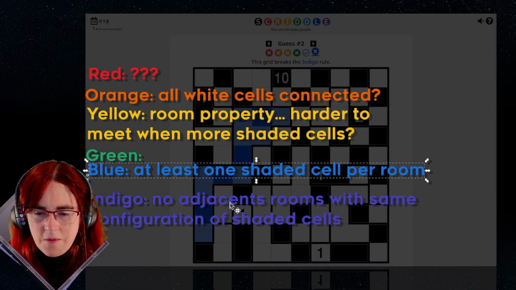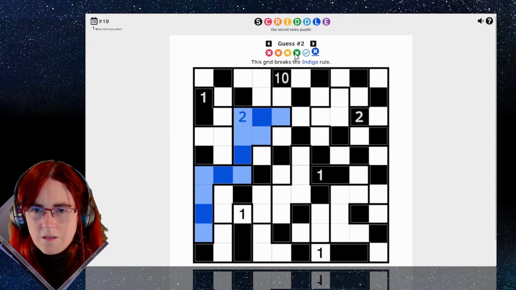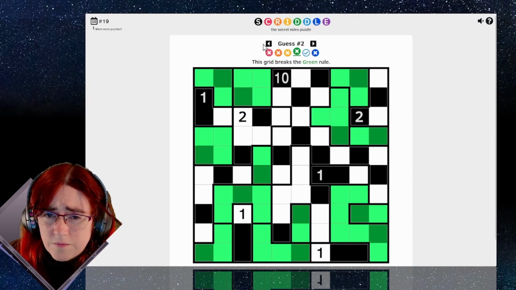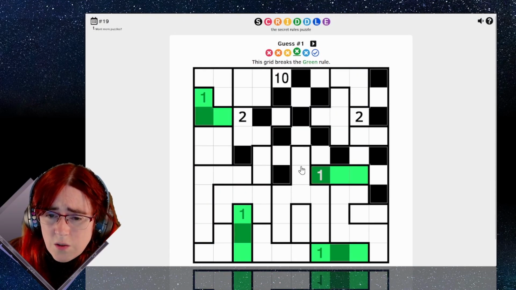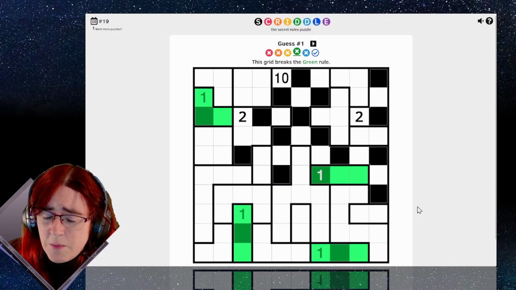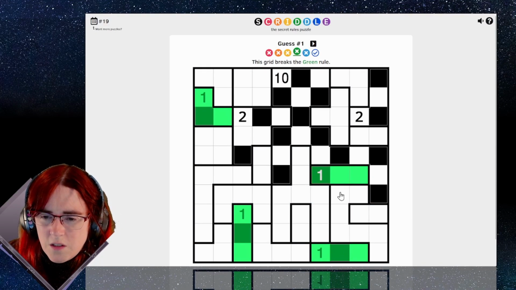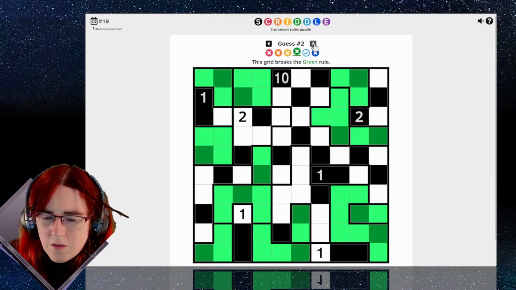Green. Do we have any leads on green? So green also seems to be harder to meet when there are more. Oh no! Wait a minute. Okay, so on guess 1 we broke the green rule for these 1 cell, 1 number rooms. And then we no longer broke it for them, but we broke it for lots of other rooms.